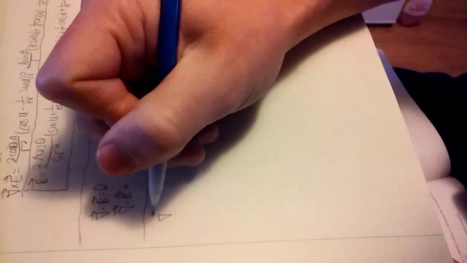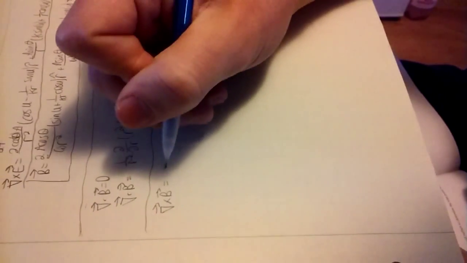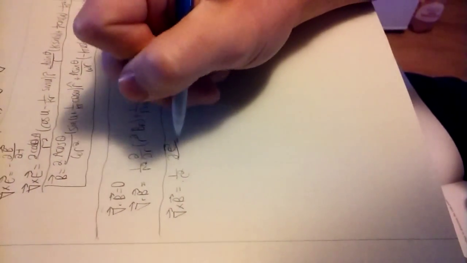Then del cross B needs to be equal to 1 over c squared, partial of E with respect to t.